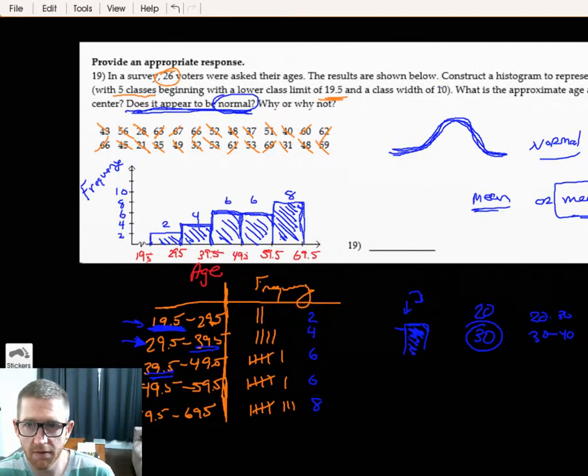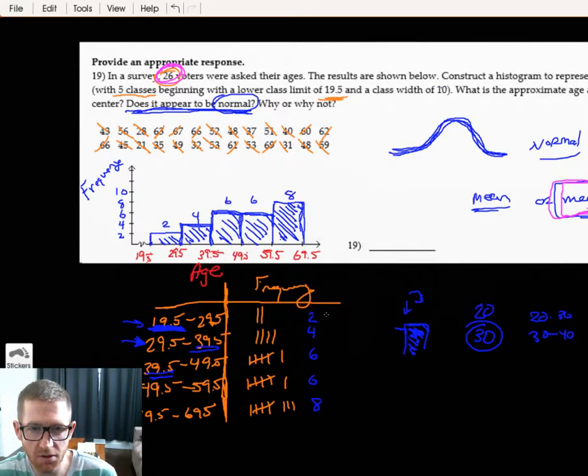If I'm looking for the median, the middle number, there are 26 voters. So the middle number would be the average of the middle two, because 13 and 13 would be a half. I need to find the 13th number and the 14th number, the age, in order.